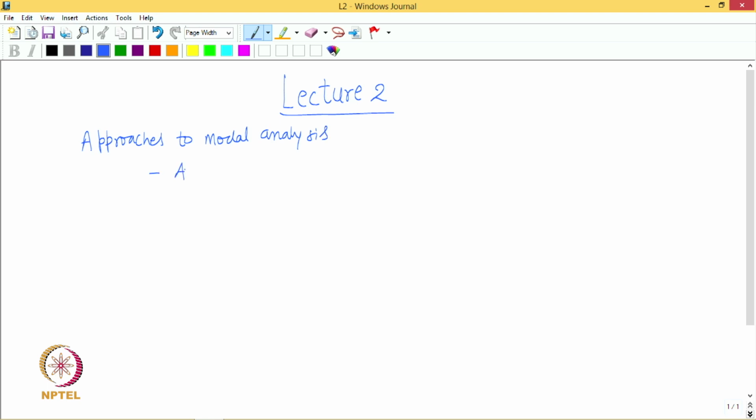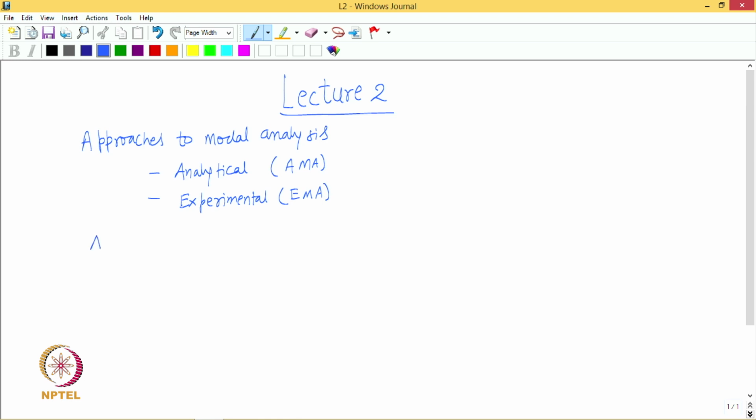One is the analytical approach. We will refer to this as analytical model analysis or AMA, and the other is the experimental approach, which we will refer to as EMA.